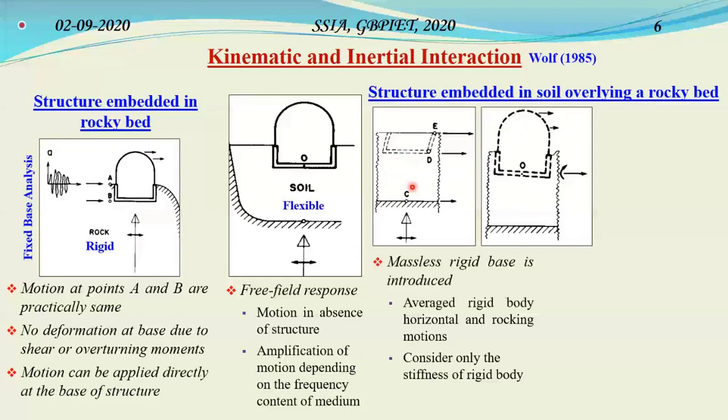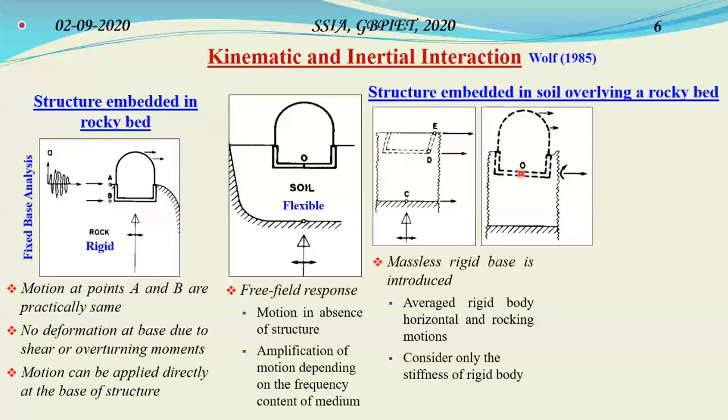Now let us consider a condition where we have the structure but consider it to be massless. So we have a rigid base of the structure and the structure does not contain any mass. So we consider only the stiffness of the rigid body.